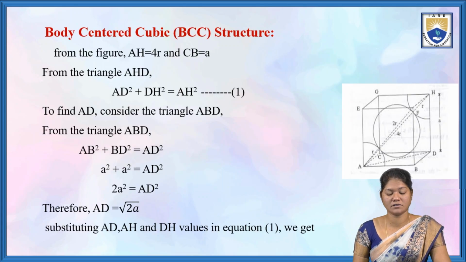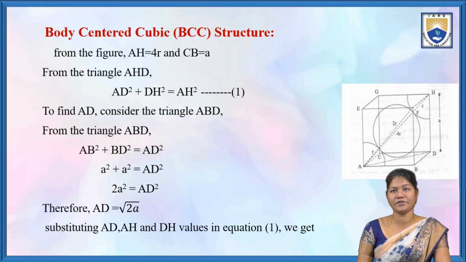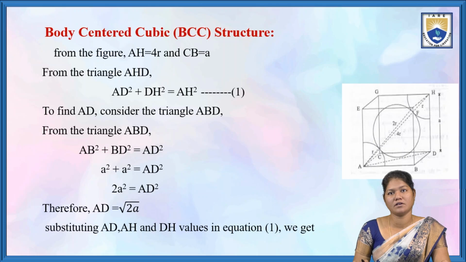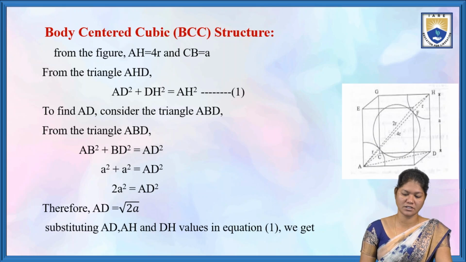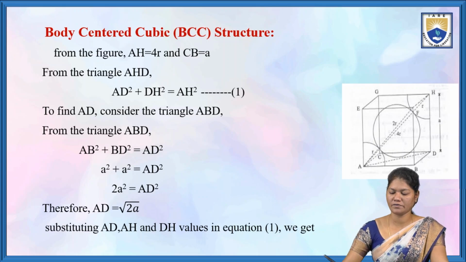So now we'll see that R value. We can calculate the atomic radius in the body centered cubic crystal. Taking the figure, here we have A, B, C, D. Each corner has an atom in the cube. So AH is equal to 4R.